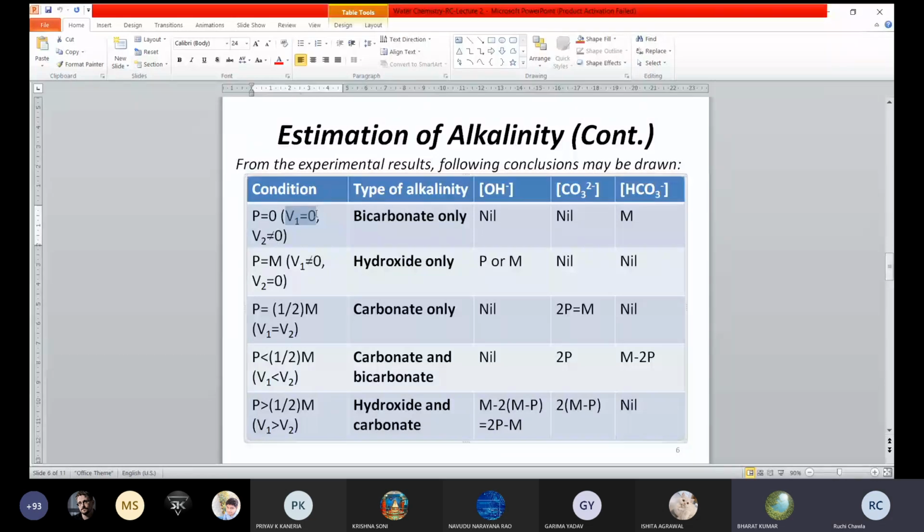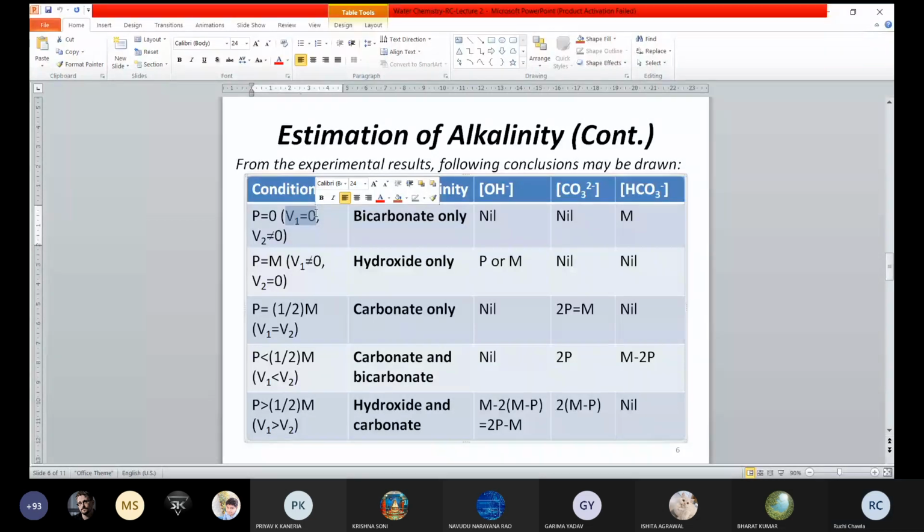There will be no color change, ma'am. What will you see? We see colorless, ma'am. Colorless, yes. No pink color. You should say it like this: the water sample is colorless. You will add phenolphthalein, it will remain colorless. There will be no pink color.